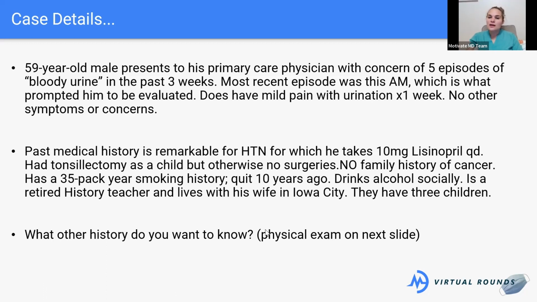If somebody's coming in with blood in their urine, what kind of things are we thinking of? What kind of things are we concerned about? What could be the possible causes of blood in the urine? Adam already mentioned UTI, so we want to make sure we ask about recent infections, fevers, pain with urination. He has a little bit of that. Urinary urgency and frequency, all of those UTI symptoms.